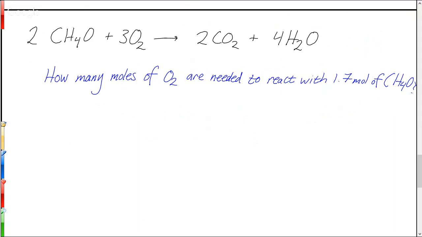How many moles of O2 are needed to react? So you have some certain amount of CH4O that you want to react with. You need a certain amount of oxygen to do that.